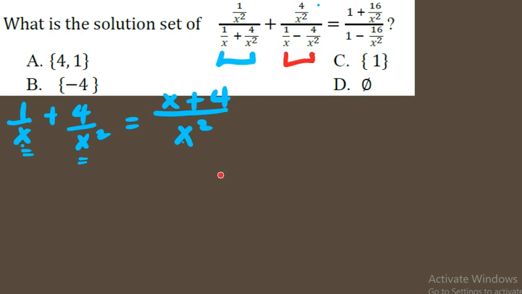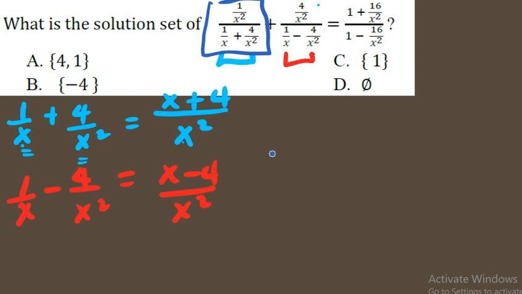The next one, let us use another color again. Let me use red one. It's going to be the same process. 1 over x minus 4 over x square. It's minus only. It's going to be x minus 4 over x square. So let us finish the upper part and the lower part. This whole thing will be the same as 1 over x square times, I'm going to flip this one, x square over x plus 4.